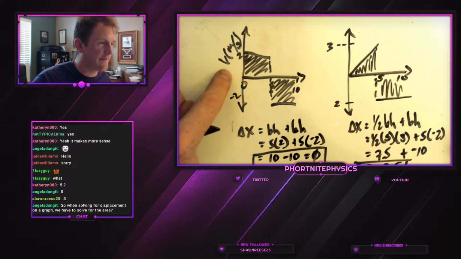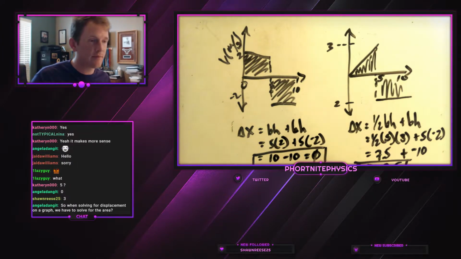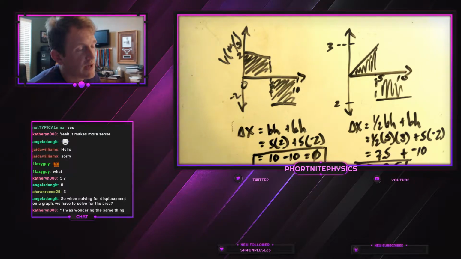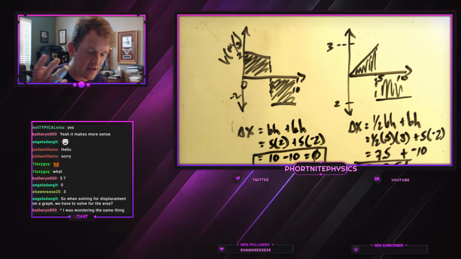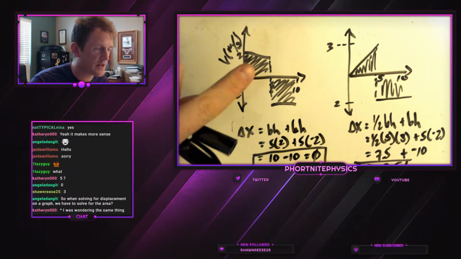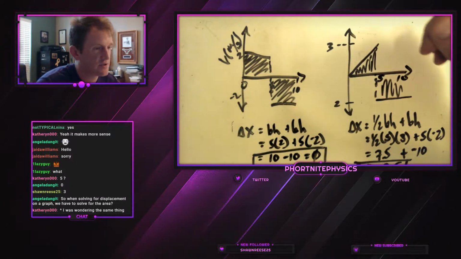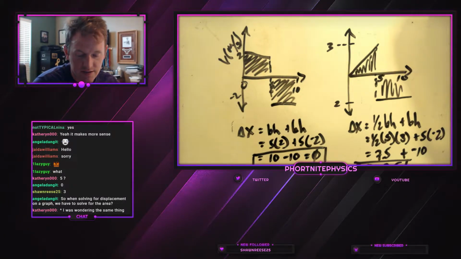Velocity versus time graphs. On a velocity versus time graph, your displacement is calculated by calculating the area under the curve. And when I say area under the curve, what I mean is the area between the line and the x-axis, just like we had over here. On a velocity versus time graph, you can calculate the displacement that way.